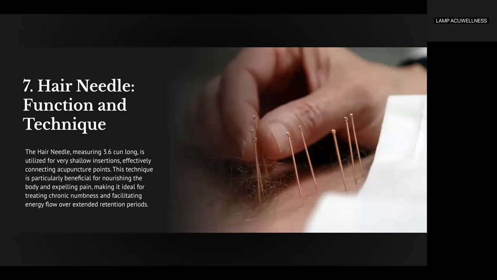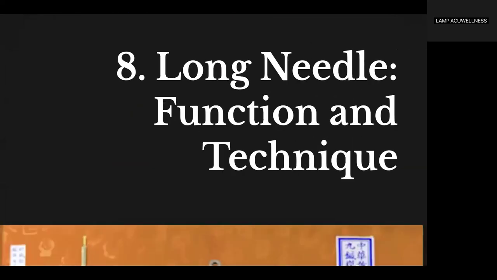The hair needle, measuring 3.6 tun long, is utilized for very shallow insertions, effectively connecting acupuncture points. This technique is particularly beneficial for nourishing the body and expelling pain, making it ideal for treating chronic numbness and facilitating energy flow over extended retention periods.